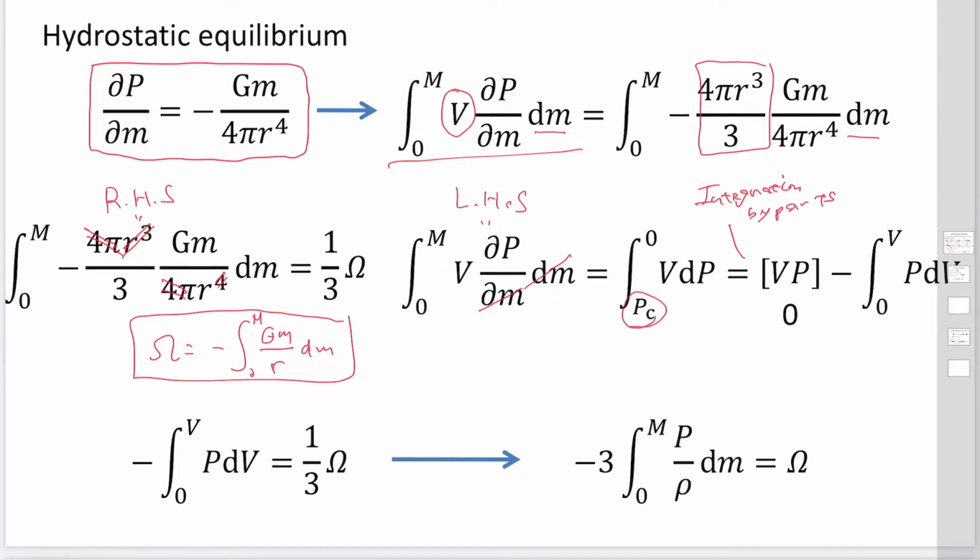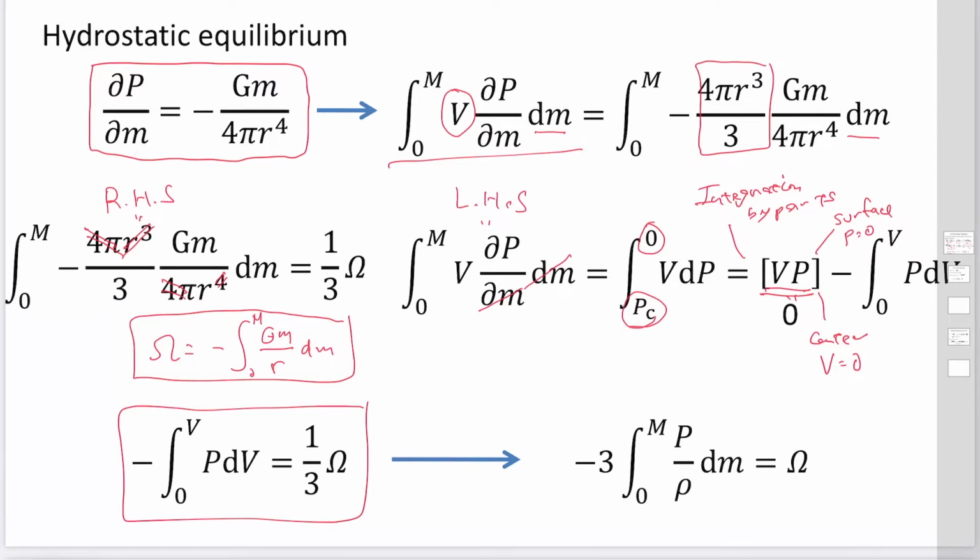At the center, actually the volume is 0. And at the surface, the pressure is 0. So the first term becomes 0. So the right hand side equal to the left hand side becomes this equation.